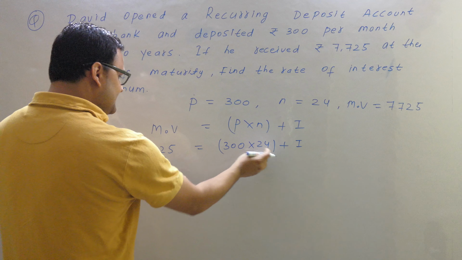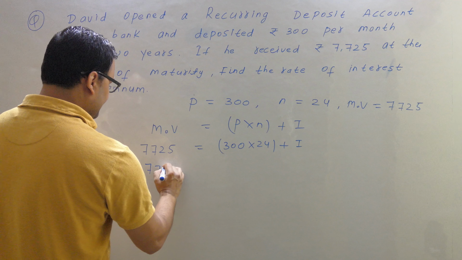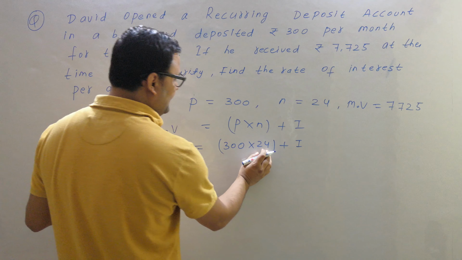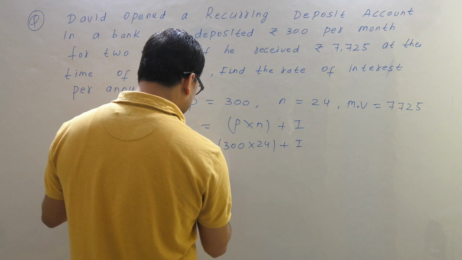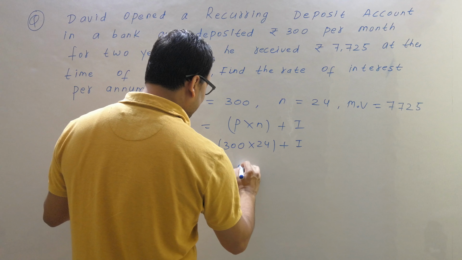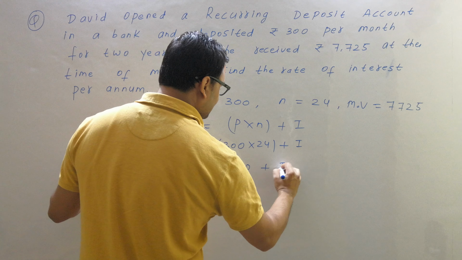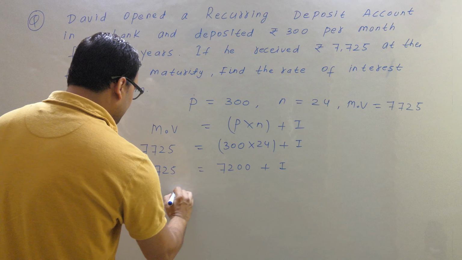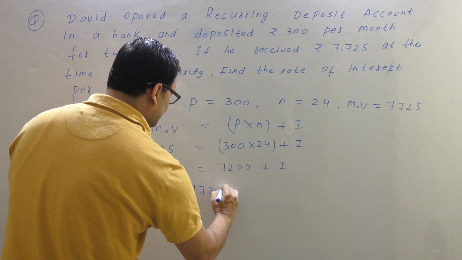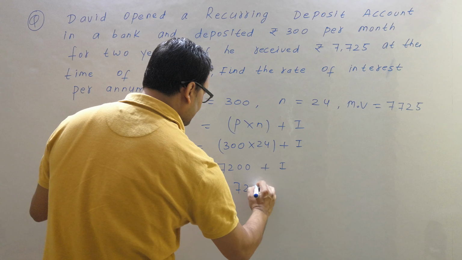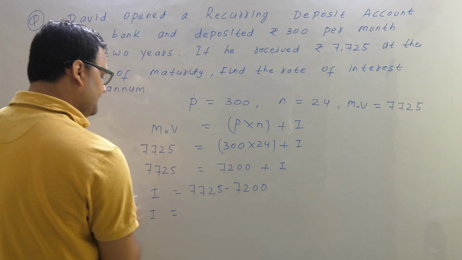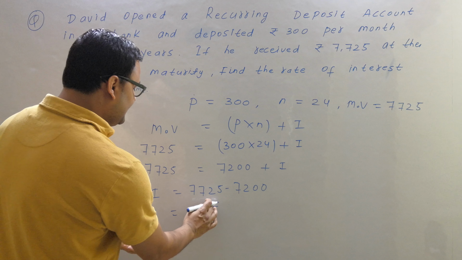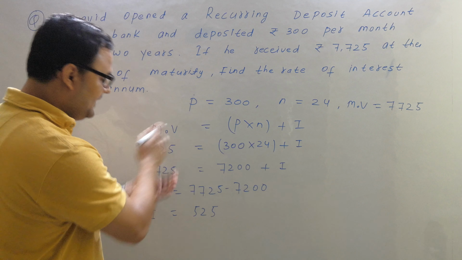Now this into this, if we simplify it will come 24 into 3, 7,200. So I can write one more step, 7,200 plus I. Then I equal 7,725 minus 7,200. So when we simplify, we got I equal 525. It means we got the interest as 525.